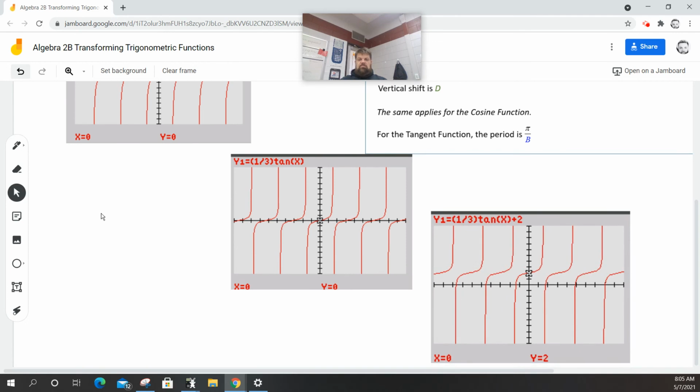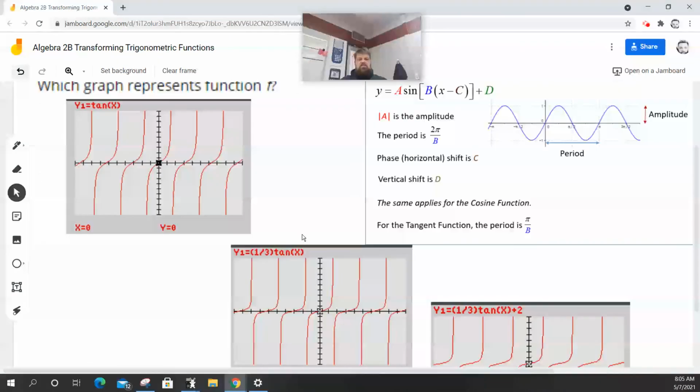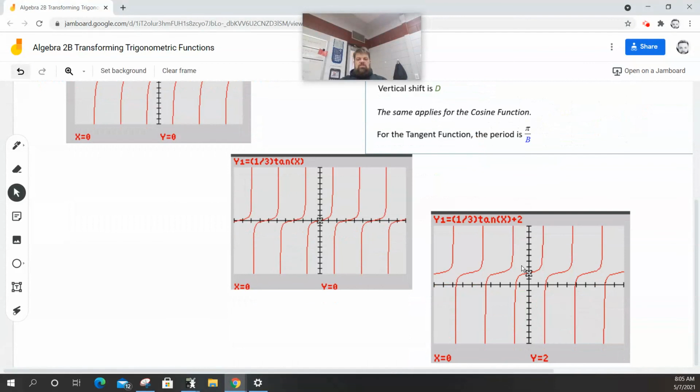And that's basically it. That's what we do. So the original function here, the 1/3 vertically compresses it. See how it's shorter. And then this one just shifts it up 2 units. And that's it.